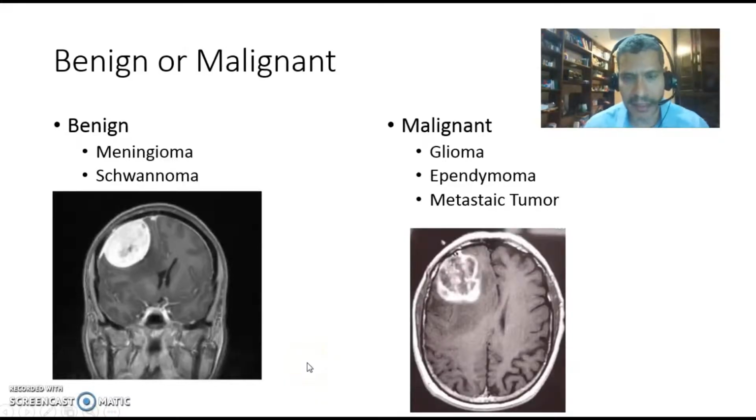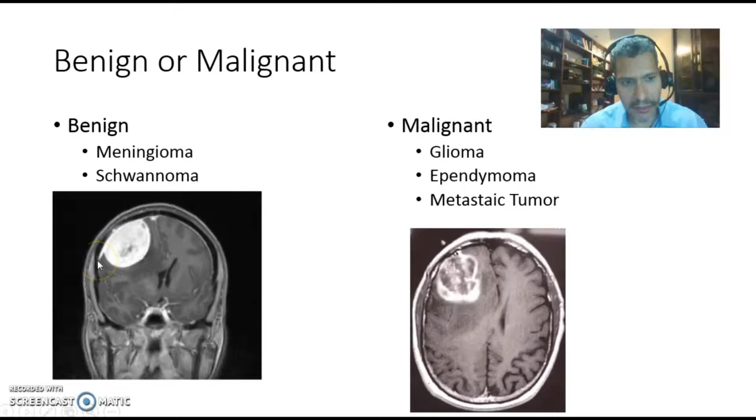For benign and malignant classifications, the most common benign tumors would be the meningiomas, plus the schwannomas. And this is a picture of a meningioma, and you can see the benign lesions are very discrete.